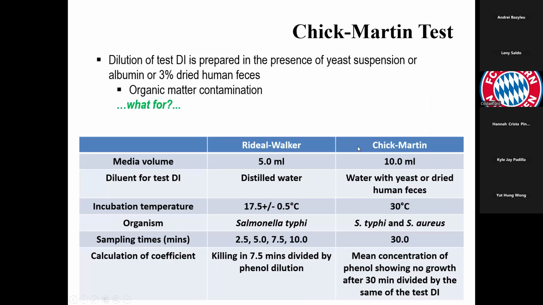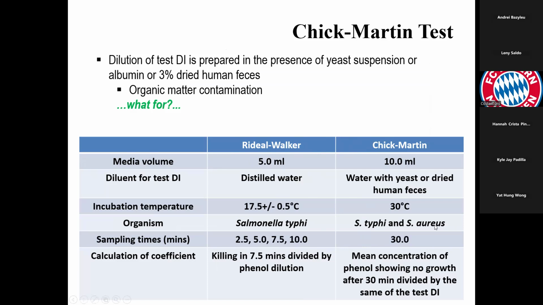So when people create different variations of the test, referring back to this table, Rideal-Walker method, the Chick-Martin method, they, for different reasons, for their different applications, sometimes have to change different conditions within their methodology.